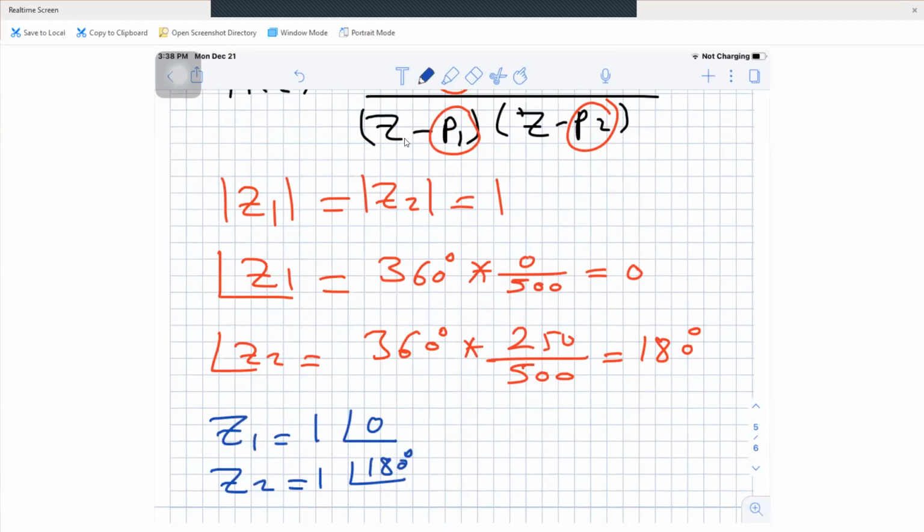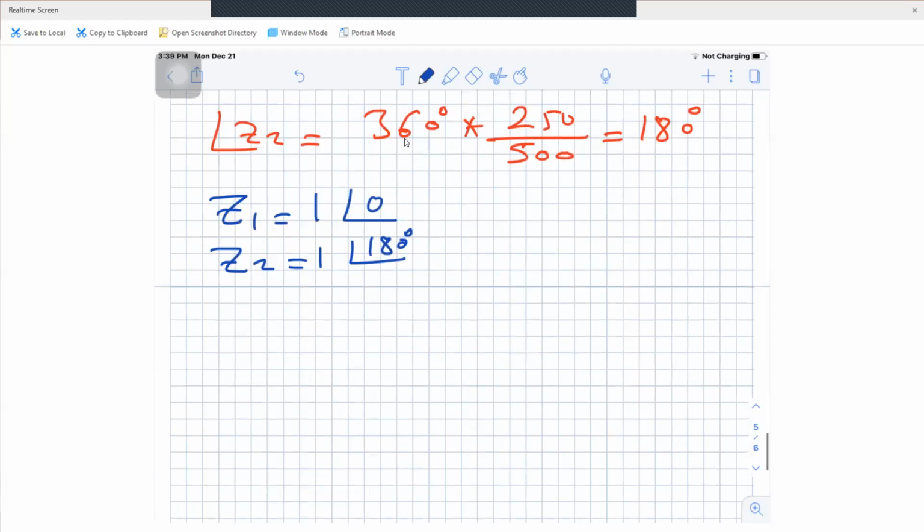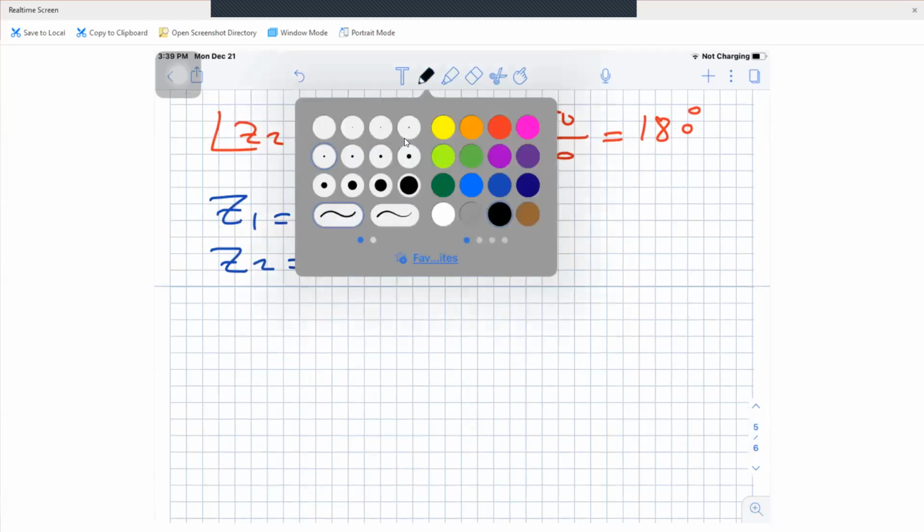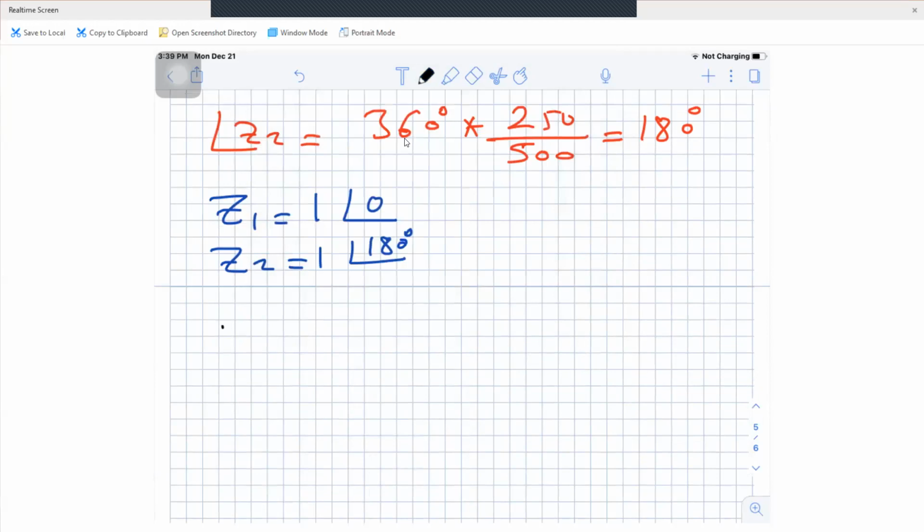So the numerator of H of Z is calculated. The remaining part is the denominator of H of Z, I mean P1 and P2. Let's go to P1 and try to calculate it. P1 consists of the magnitude of P1 and the angle of P1.